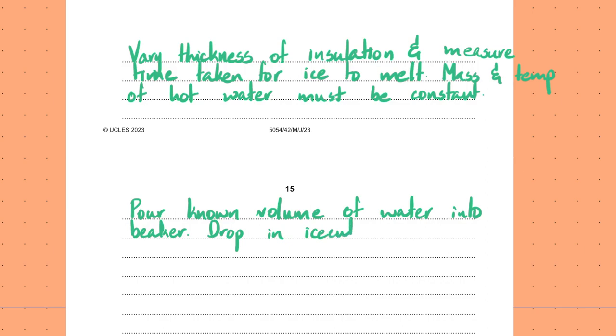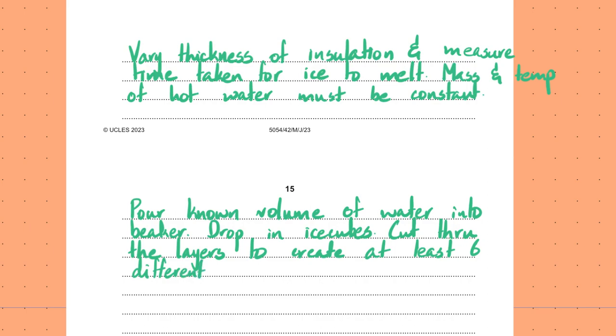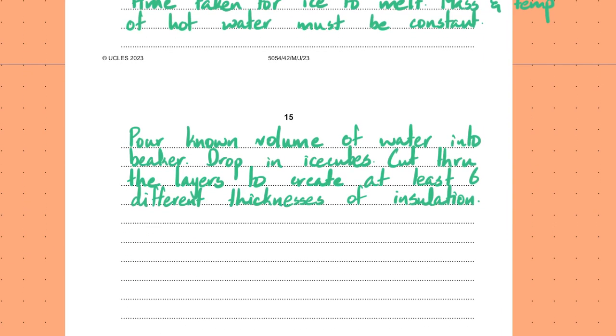And then about the varying amount of insulation, so we can say that cut through the layers to create, now again, at least 6 different thicknesses of insulation, and then wrap around the beaker and measure the time.